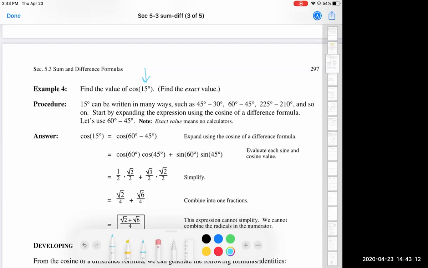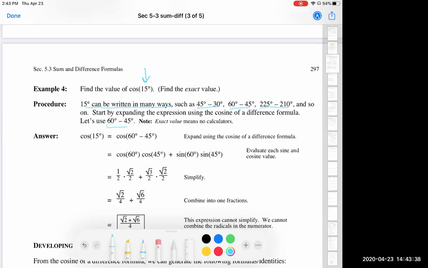Well, think of any two numbers that give you 15. So 15 can be written in many ways. 45 minus 30, 60 minus 45, 225 minus 210, whatever you can think of that works is fine, as long as when you subtract, you get 15. So start by expanding the expression using the cosine of a difference formula.